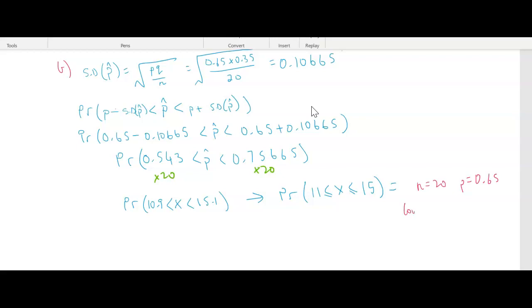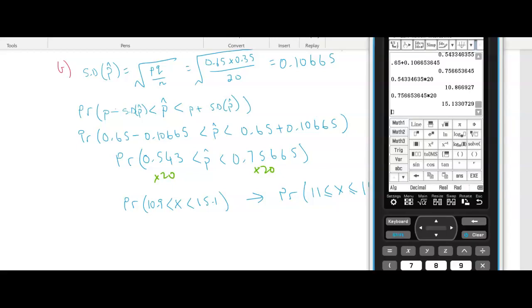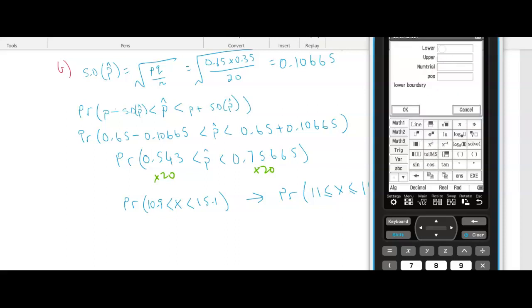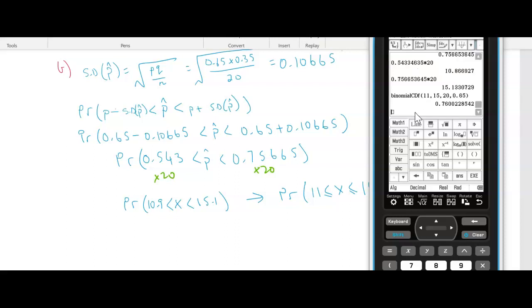Your lower bound is 11, and your upper is 15. So we can just do that on the calculator. This time we're going to binomial CDF. Your lower limit is 11, your upper limit is 15, number of trials is 20, and the probability of success is 0.65. So 0.76.